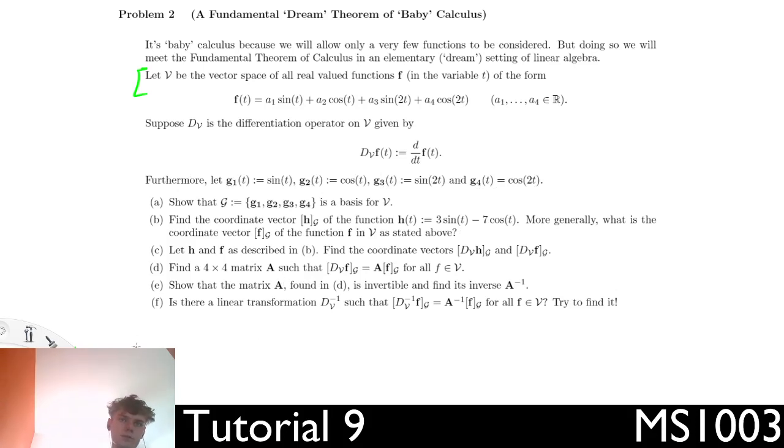So part A, we want to show that g is a basis for V. Again, first thing you have to check is whether g is linearly independent. Is g linearly independent?